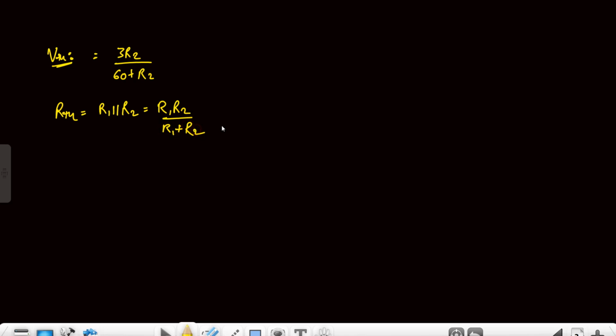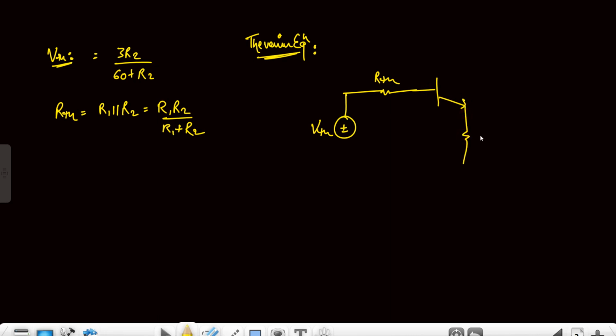And now the Thevenin equivalent circuit will look like this. This is the VTH, this is the RTH, which is of no need, and here is the 0.5 kilo ohm emitter resistance, and this is the ground.